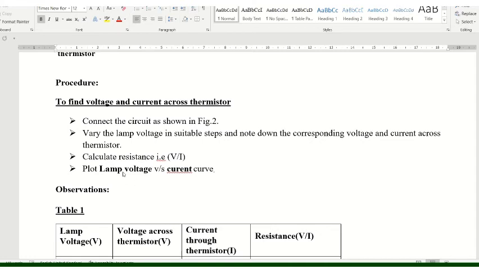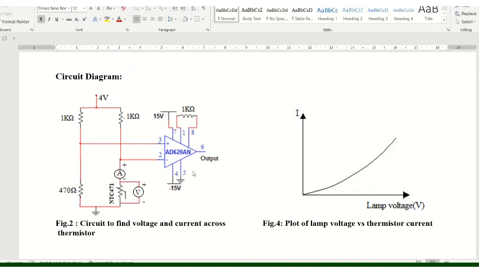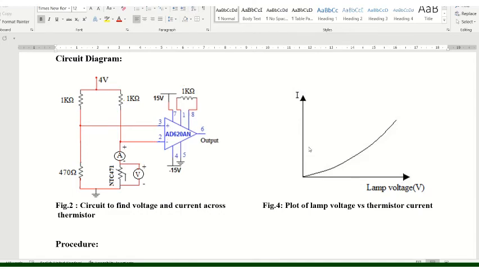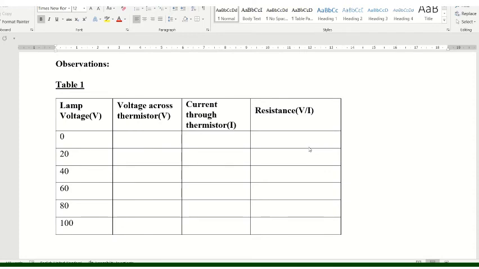Now plot the lamp voltage versus current curve. It would look something like this. Lamp voltage will be on the x-axis and on the y-axis you will take the thermistor current. Okay. So that is the first part of the experiment.